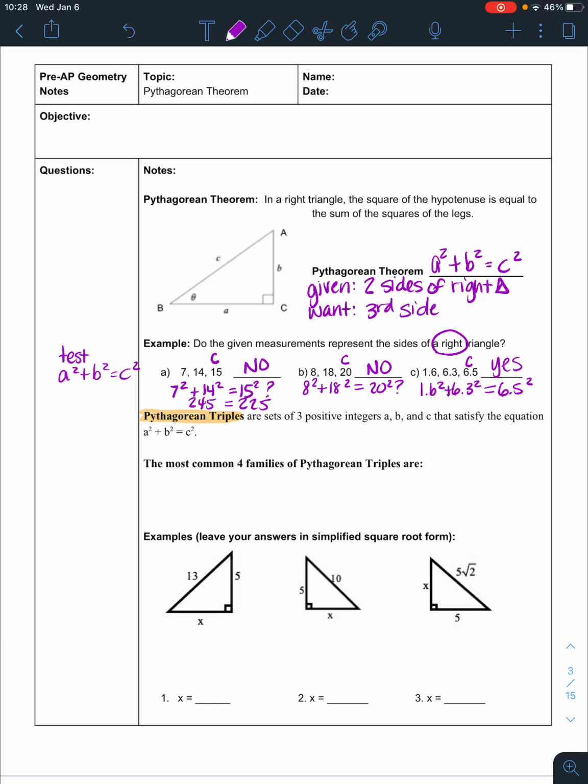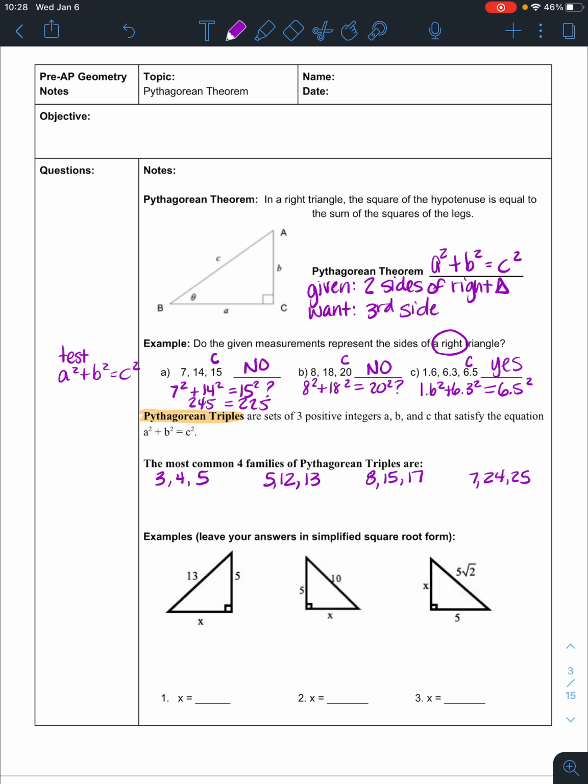So the four most common families of Pythagorean triples are this. We've got a 3, 4, 5 triangle, a 5, 12, 13 triangle, an 8, 15, 17 triangle, and a 7, 24, 25 triangle. Now what it means by families is you could also have multiples of that.